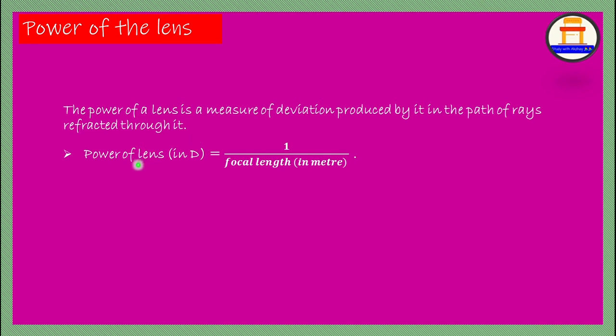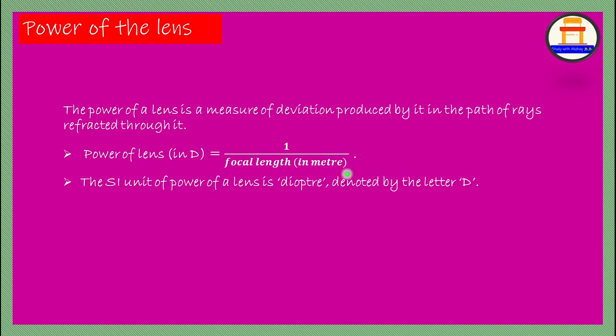Basically, power of a lens is measured by 1 by focal length. It is the reciprocal of the focal length, that is the power of the lens. For measuring the power of the lens, the focal length should always be in meters. This is the major condition. The SI unit of power of a lens is diopter.